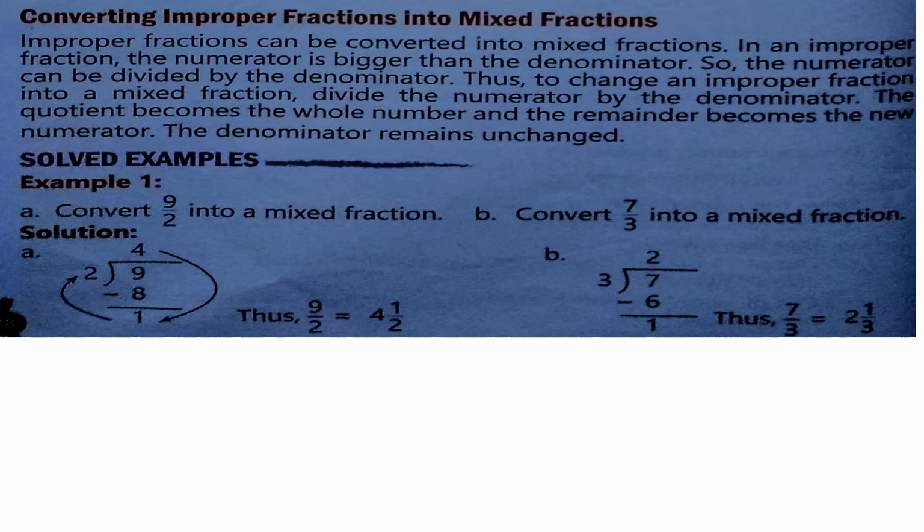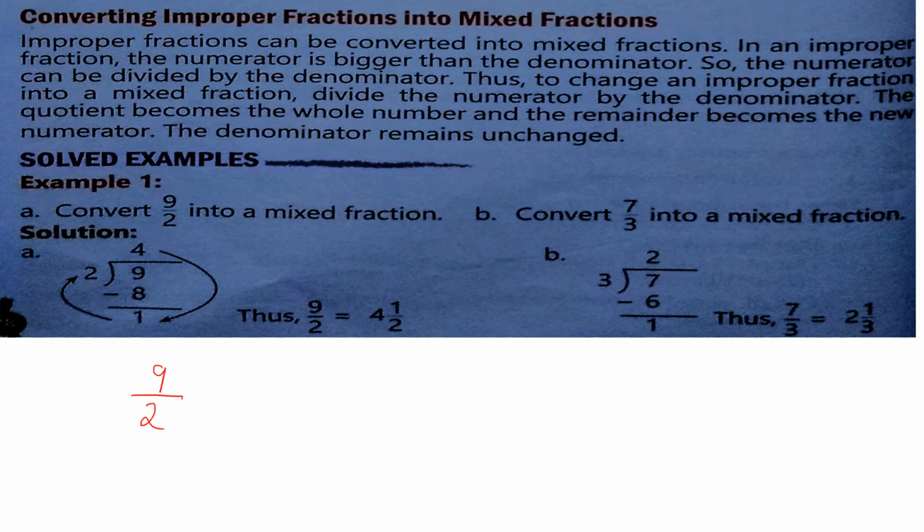Now, converting an improper fraction into a mixed fraction. By dividing the numerator by the denominator, we can change the improper fraction into a mixed fraction. Suppose here 9 by 2. How can I change this?